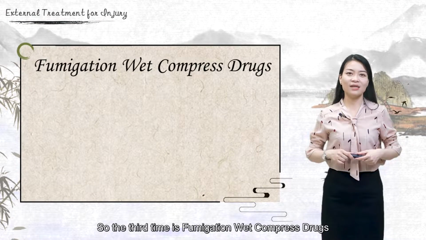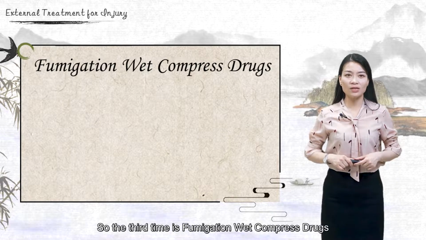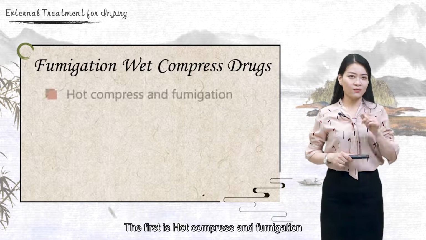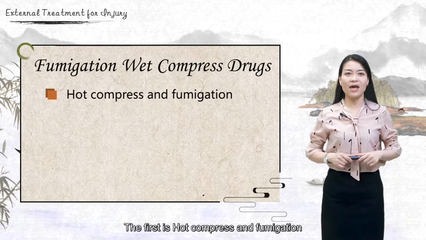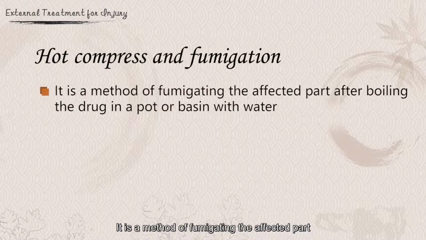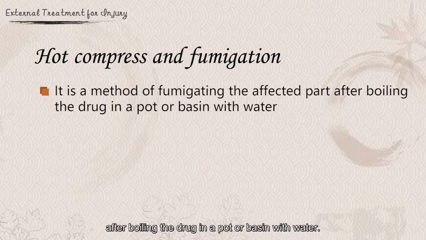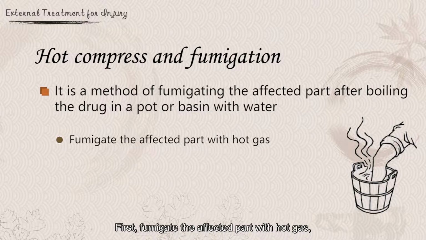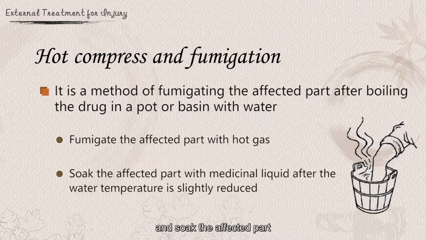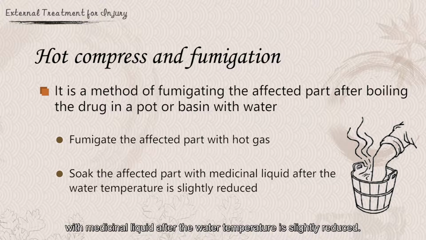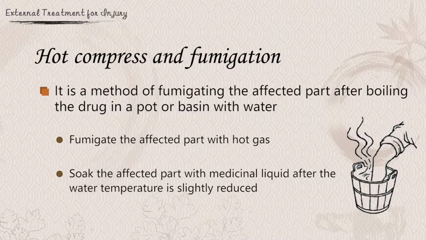So, the third type is fumigation with compressed drugs. The first is hot compress and fumigation. It is a method of fumigating the affected part after boiling the drug in a pot or basin with water. First, fumigate the affected part with hot gas, and soak the affected part with medical liquid after the water temperature is slightly reduced.